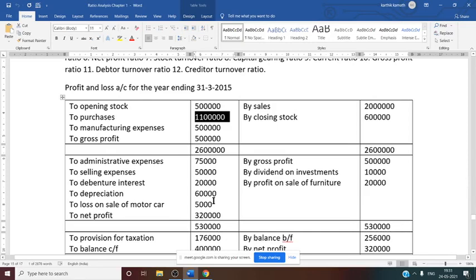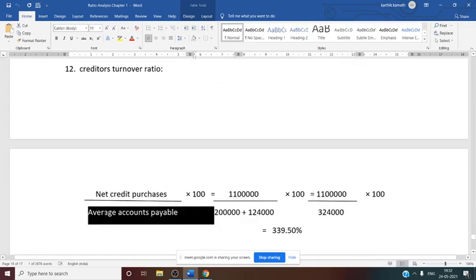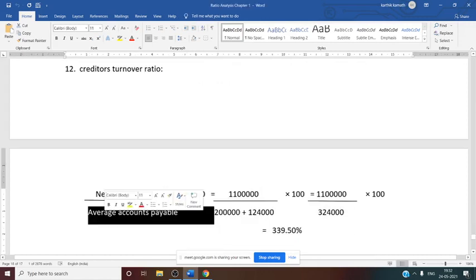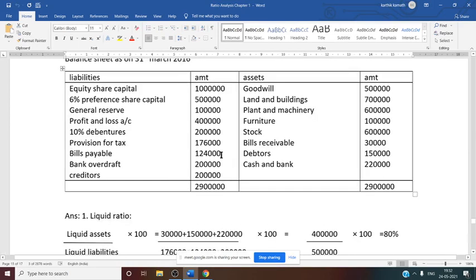Now next thing they have asked you, that is accounts payable. Average accounts payable information we want. So accounts payable is nothing but only two items, that is in the liability side of the balance sheet under current liability, that is creditor and bills payable. So if you see here liability side, only two items you need to consider under average accounts payable. Accounts payable means bills payable 1,24,000 plus creditors 2 lakh.